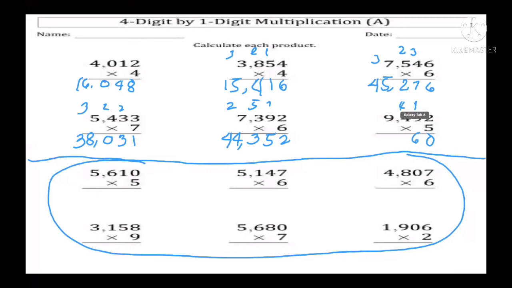5 times 4. 5 times 4 is 20, correct? 20 plus 4. 24, correct? 5 times 9 is 45 plus 2. 45 plus 2 is 47.